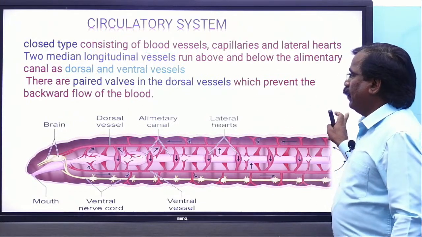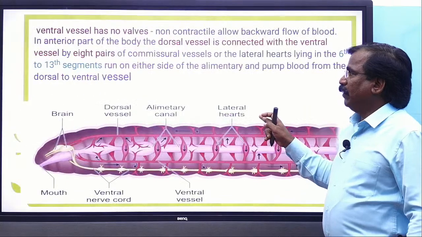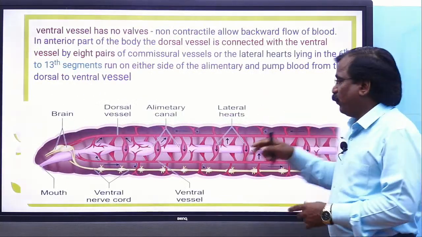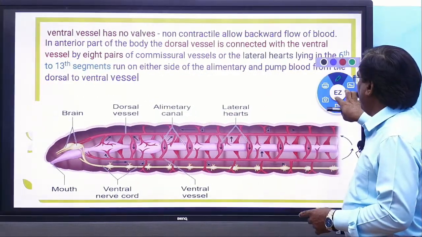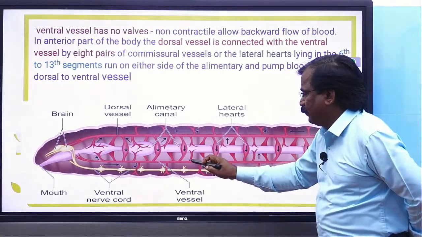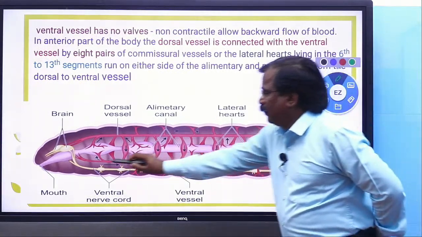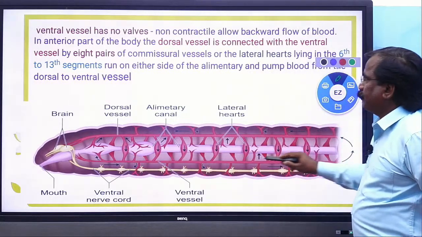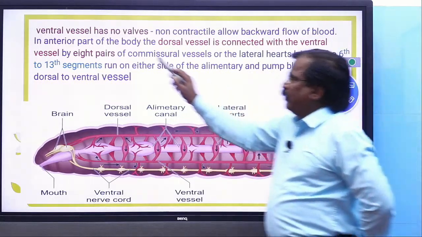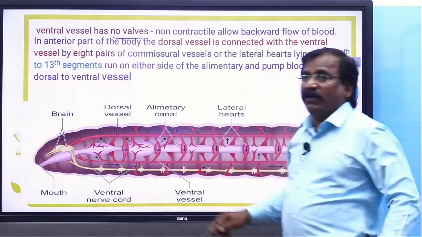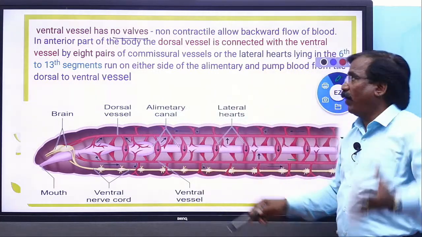Then what is next? The ventral vessel. The dorsal vessel is completed. The next is the ventral vessel, this red one. The ventral vessel has no valves, very simple, whereas the dorsal vessel has valves.